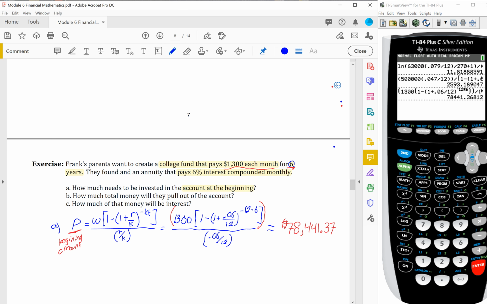Okay, part B. How much total money will you pull out of the account? So this will be your total withdrawal. So remember, you're pulling out $1,300 a month. You're doing that for 12 months a year, and you're doing that for 6 years.